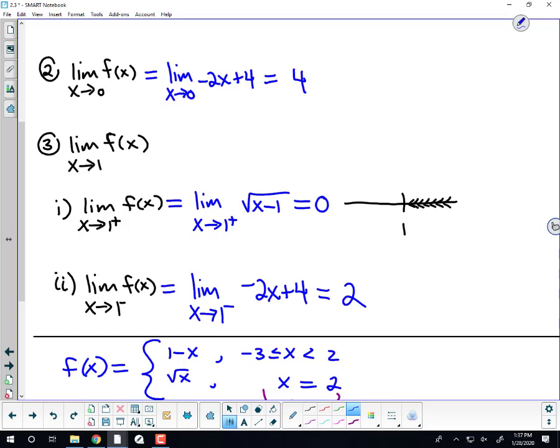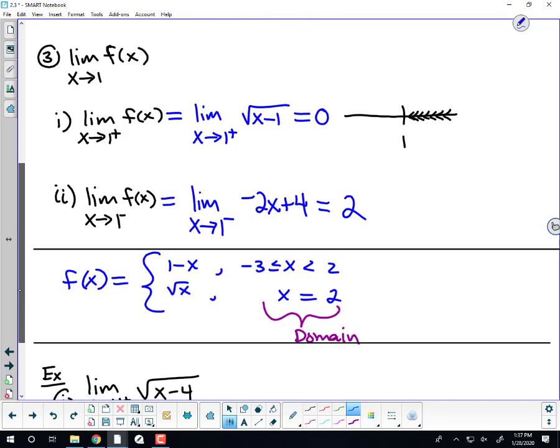Since from the left side it's 2, and from the right side it's 0, they're not lining up at the same point. Exactly. It doesn't exist because the limit from the left is not equal to the limit from the right. Does anyone have any questions on that?